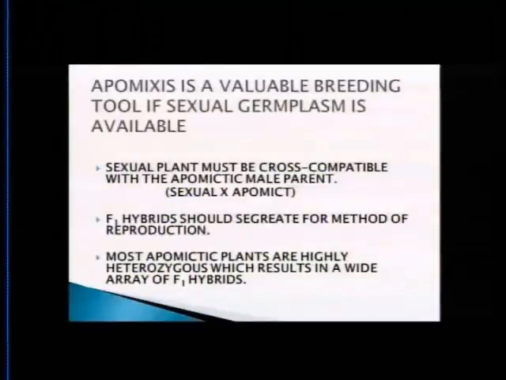And as I just indicated, most apomictic plants are highly heterozygous because a lot of them are of hybrid nature. And in the F1 hybrids, you have a wide array of types. It's a release of the genetic variability that's stored in that apomictic plant and not expressed. And it's amazing what you can actually get out of a cross between a sexual and an apomict.